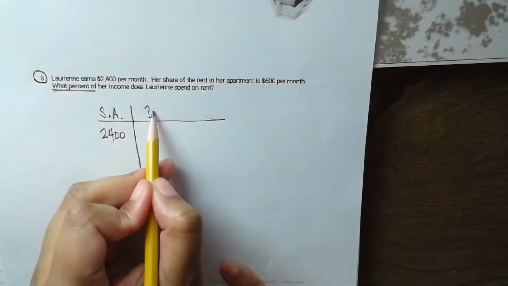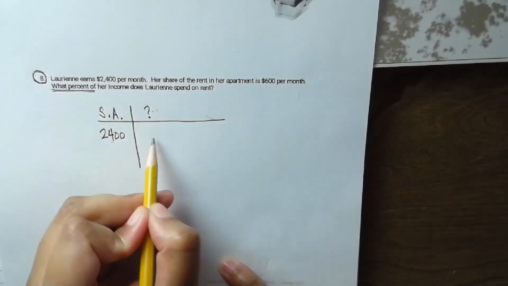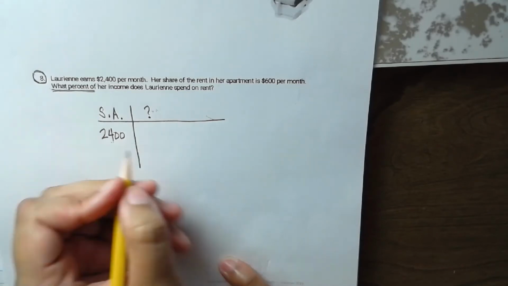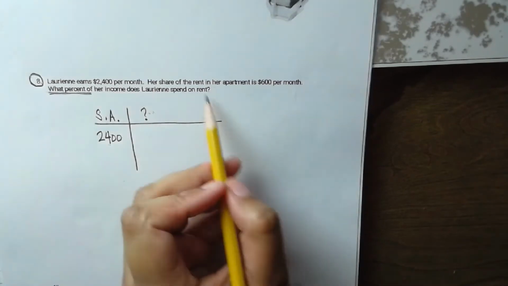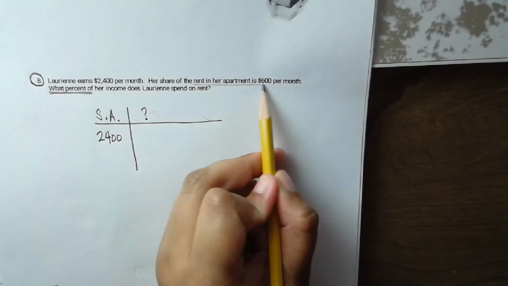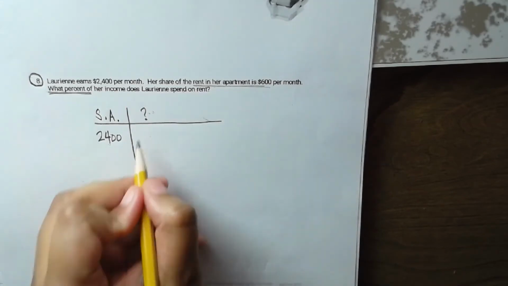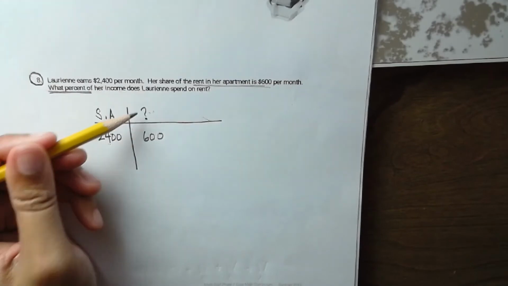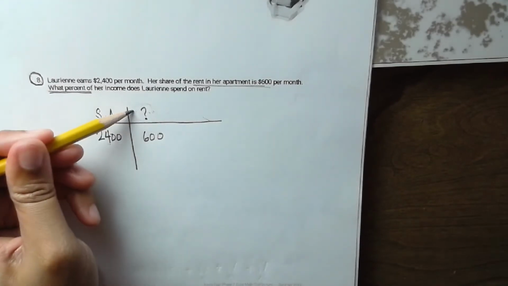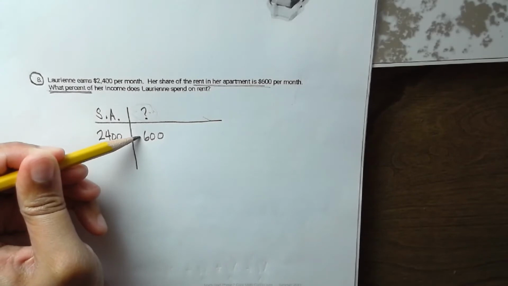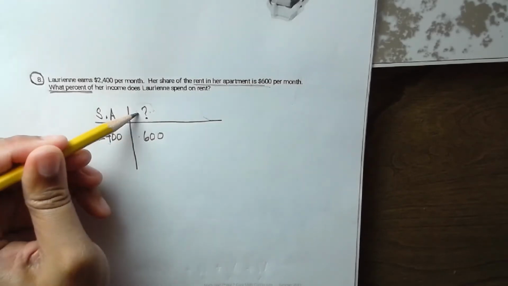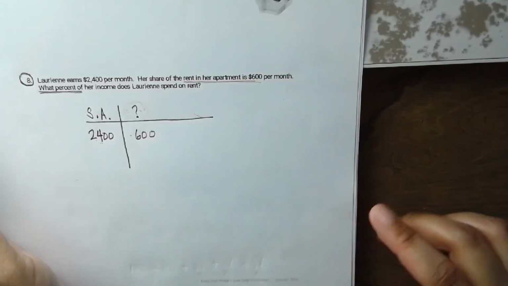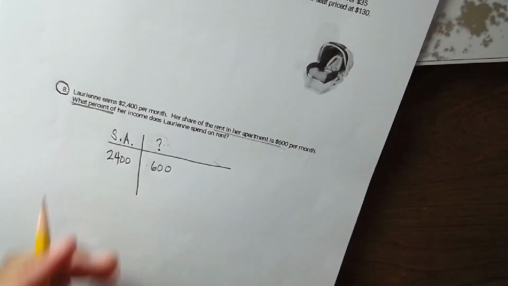The percentage would be the amount she's spending on her rent per month, and they tell us her rent is $600 per month. So what are we saying?